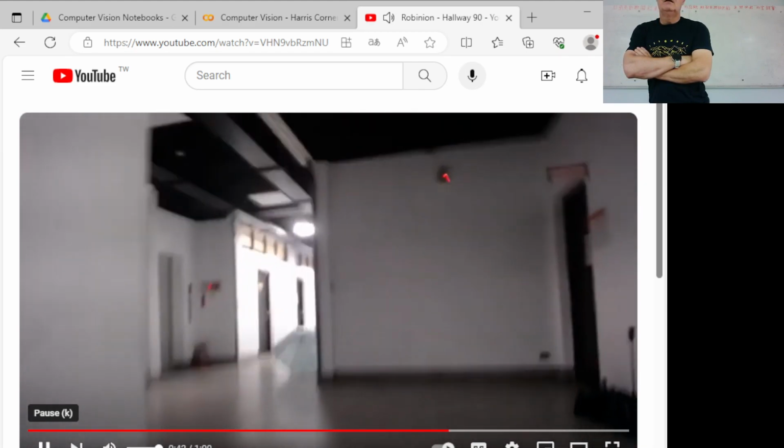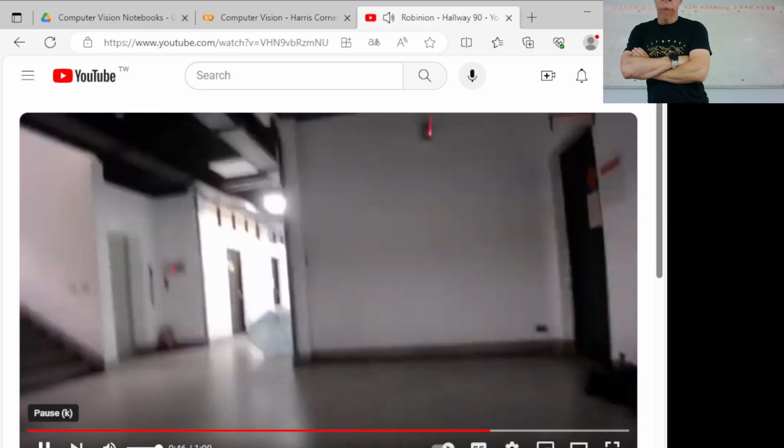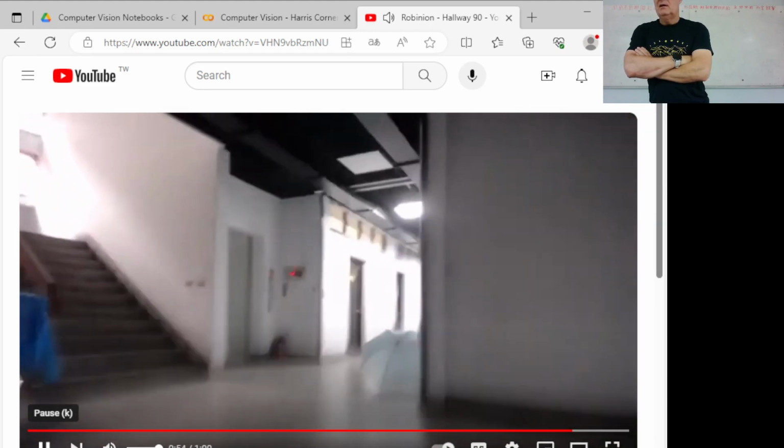What did it actually walk? How did it walk? Forward, yeah. And you can also tell about the distance that it walked forward, right? About 3 or 4 meters. Now, turn left a little bit.